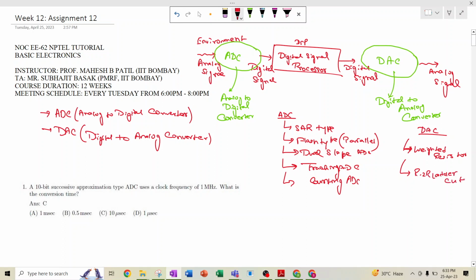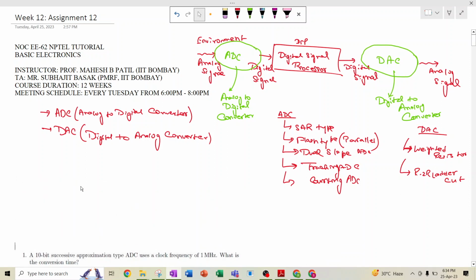So we will solve today's examples one by one, and we will discuss each of these ADCs and DACs while solving the problems, so that we can get a fair idea about how this ADC or DAC works. Okay, so before that I want to elaborate a little more.